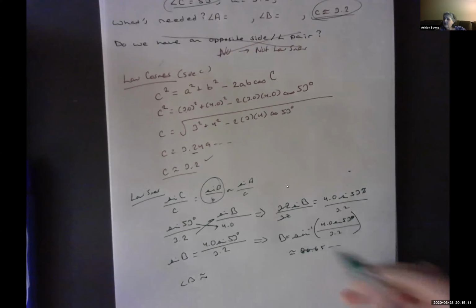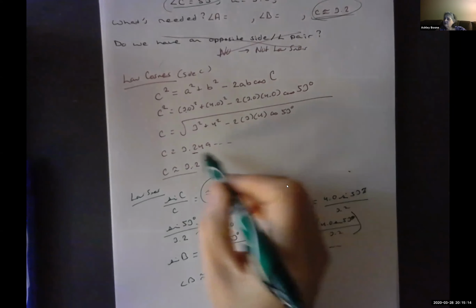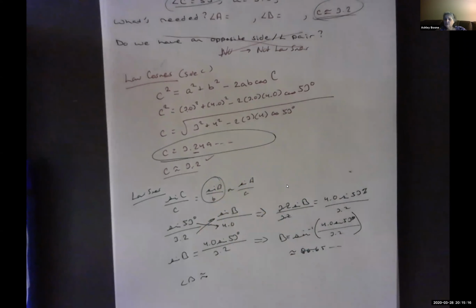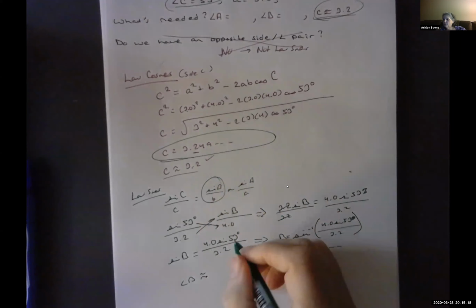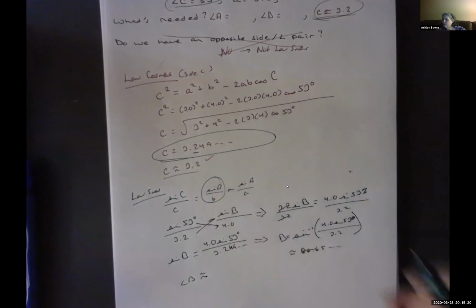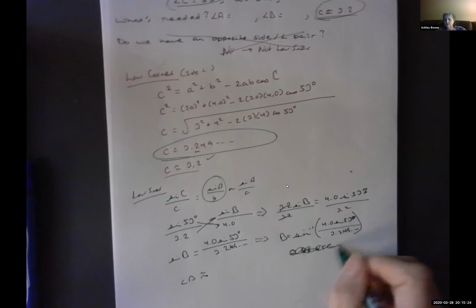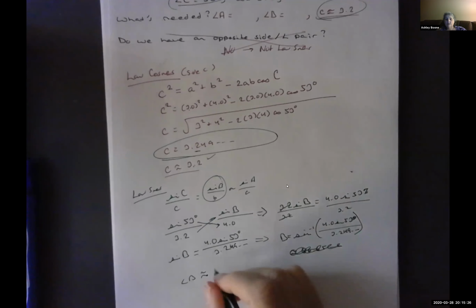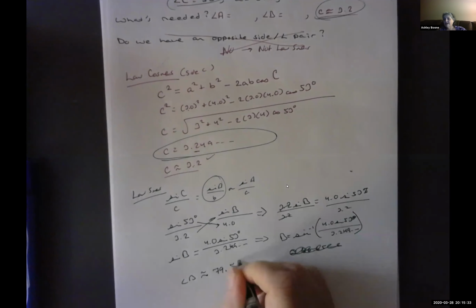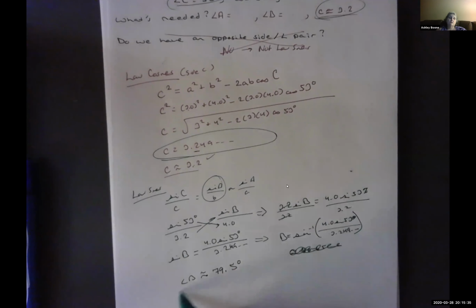I'm dividing by this value right here. It's the 3.249, etc. If I don't round, I will get angle B is approximately 79.5 degrees. There's a big difference if you round and if you don't round.